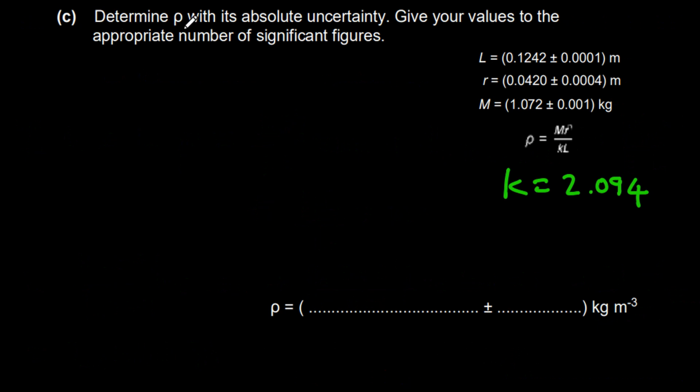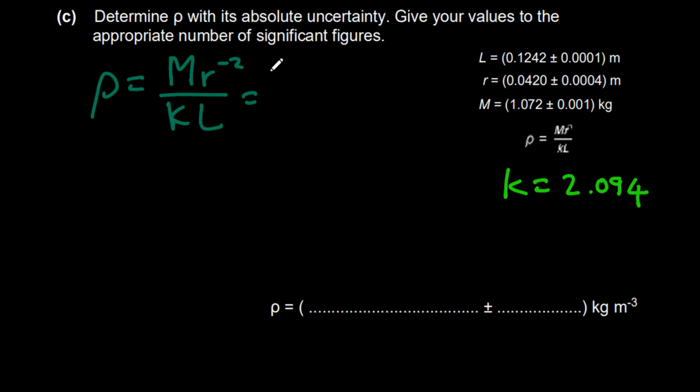In C, it says determine rho with its absolute uncertainty. Give your values to the appropriate number of significant figures. So we have the equation for rho. It's going to be m r to the n, and we saw that n was -2, over k L. So we can plug in the values.